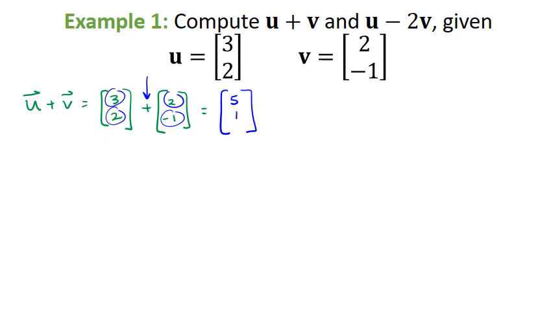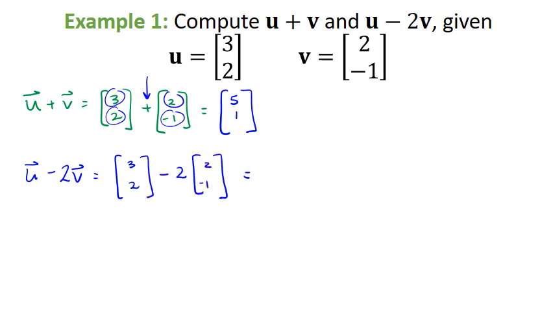Suppose I want to do the next example, u minus 2 times vector v. I can set this up in the following way. So the first thing I may want to do is this piece here. So I'm just going to rewrite the first vector, and then I'm going to use scalar multiplication to get this next vector.